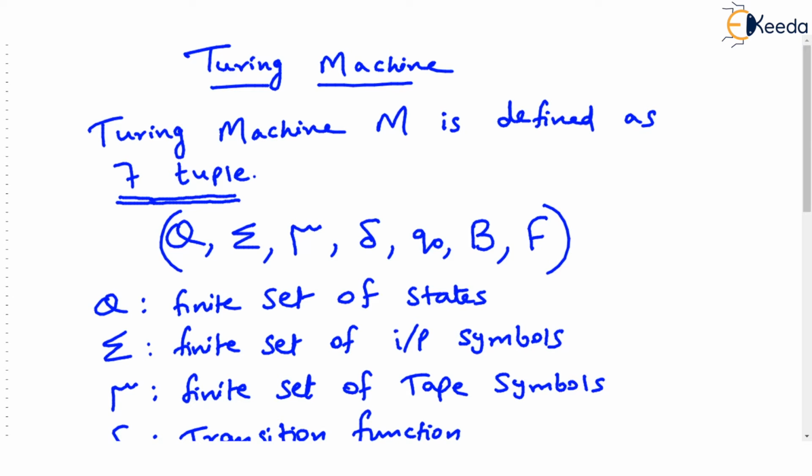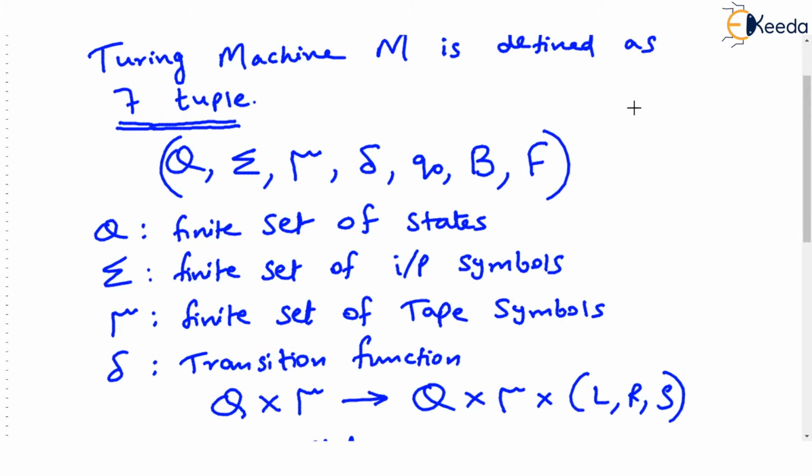The first one, as you see, is capital Q. This is the finite set of states. That means a Turing machine will also have states like Q0, Q1, Q2 and so on. And typically we will make Q0 the initial state and some of the states will be final states. That's why Q is the finite set of states.